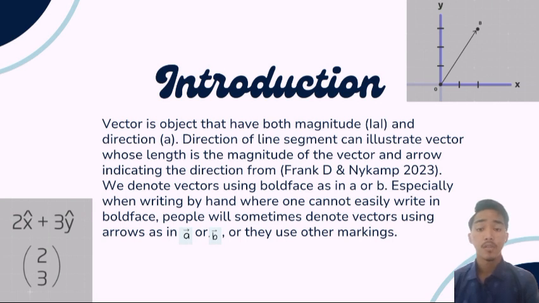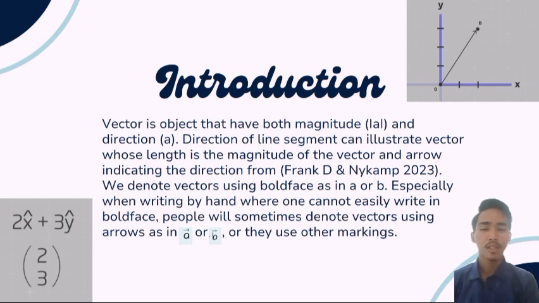We denote a vector using a boldface letter like A or B, but when we write by hand, we cannot use boldface. How do we show boldface when writing by hand?